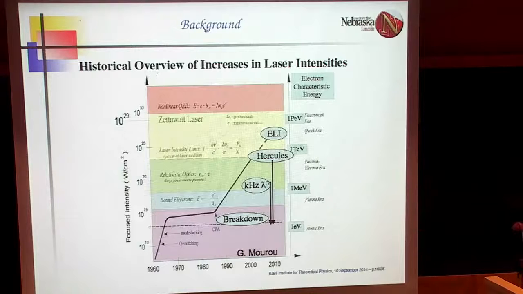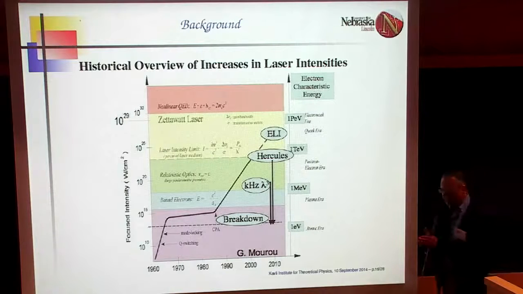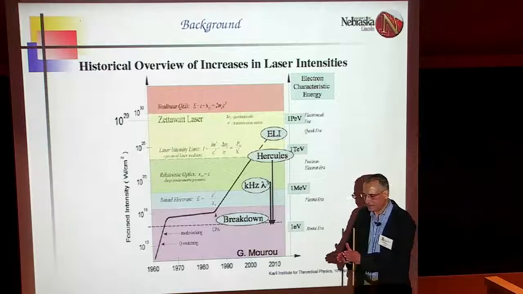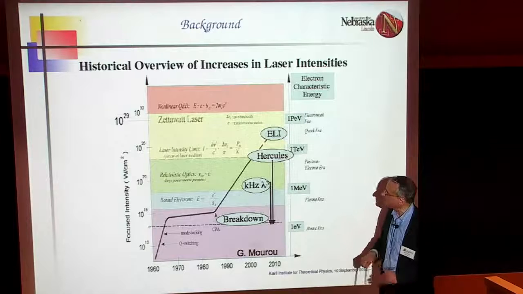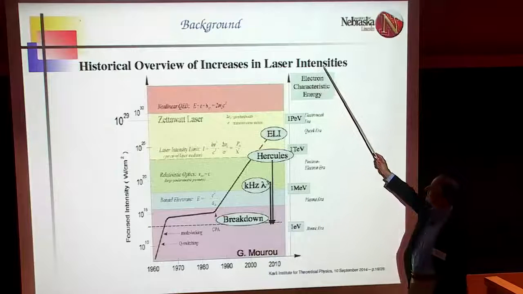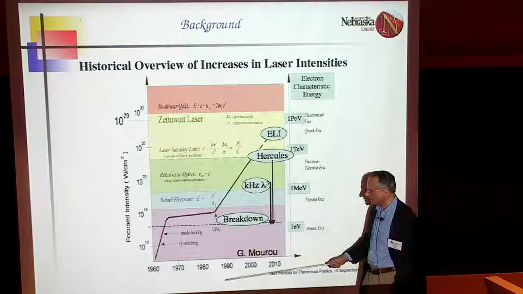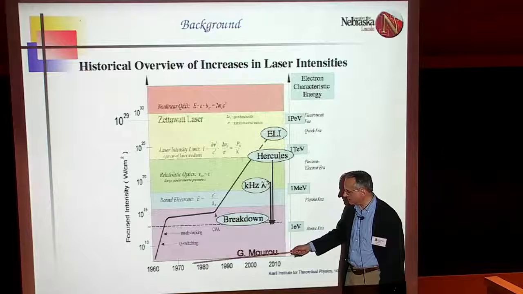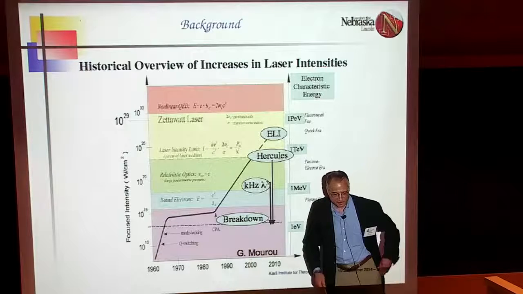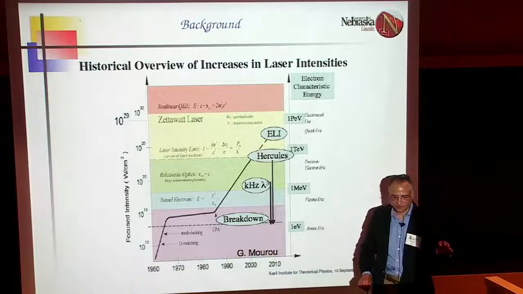Okay, so I've explained how one gets short bursts of radiation in order to study electronic and atomic motion. Now the question is, how does one get laser light intense? And I will do this quickly. I remember going to meetings in the 70s in which the laser people were off in a corner talking to themselves.